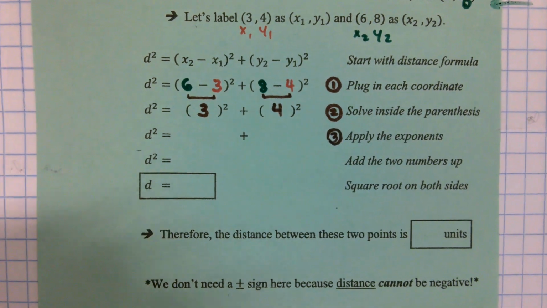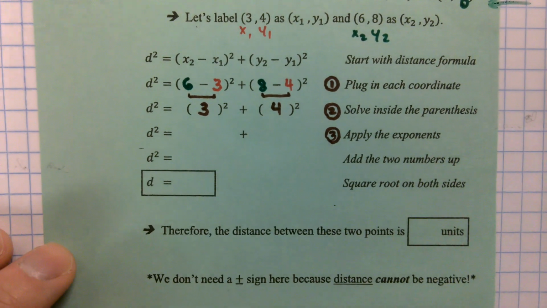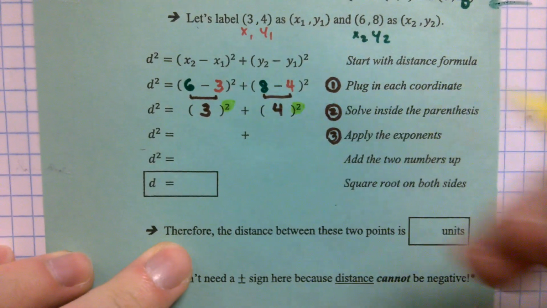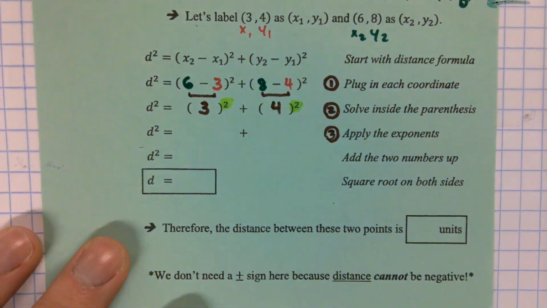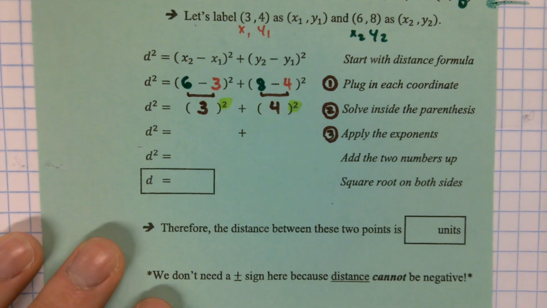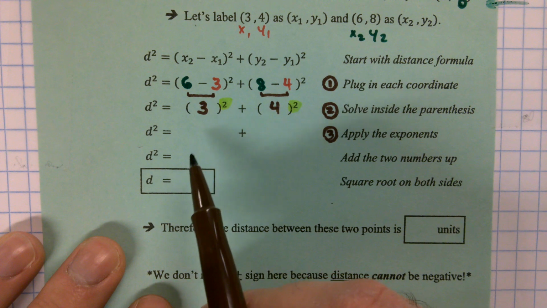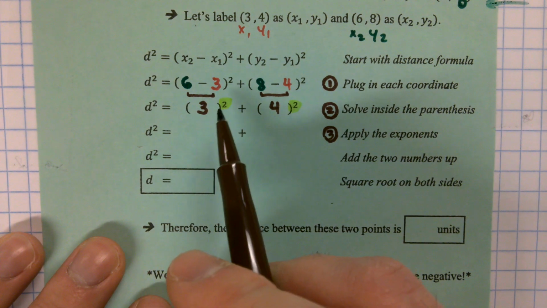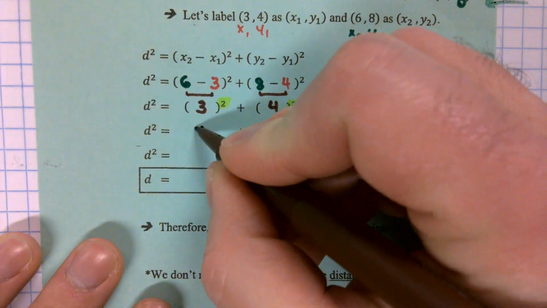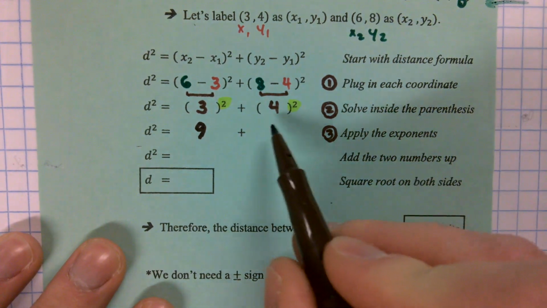What does the E in PEMDAS stand for? Exponents. So we're going to take these exponents and we're going to apply the exponents. Okay? What would 3 squared give me? 3 times 3, which is 9. What about 4 squared?